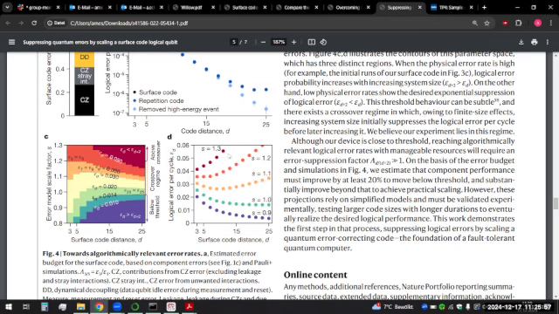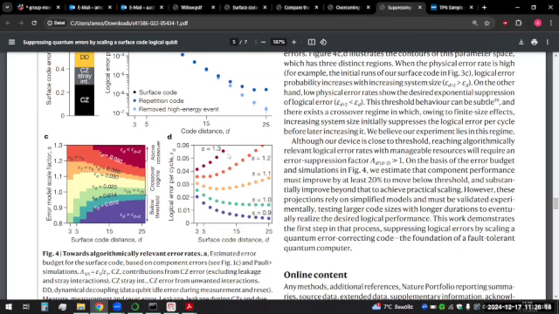However, if your errors are larger, it's actually better to have a smaller code distance, because for large physical data qubit errors, you can't do quantum error correction very well.